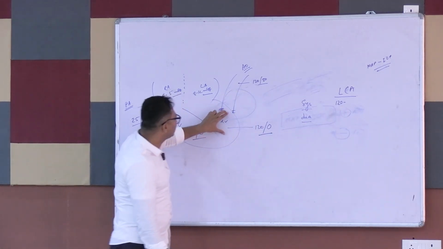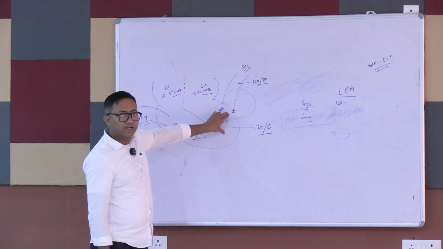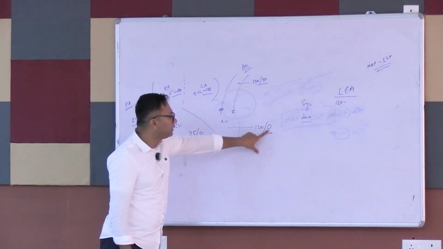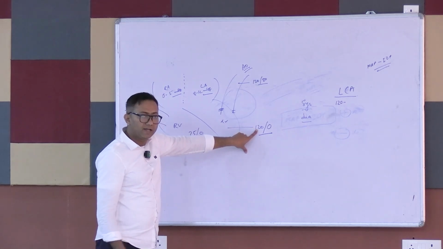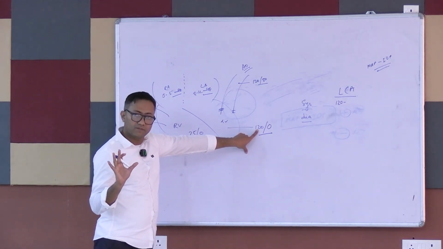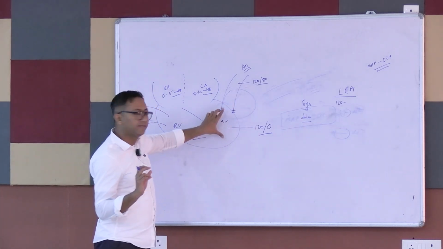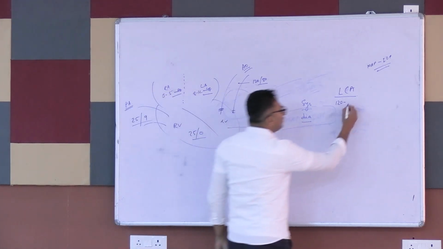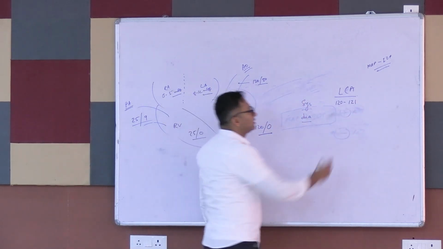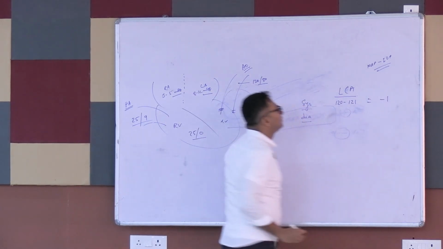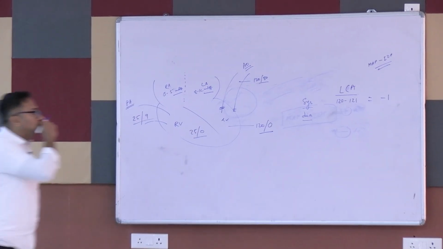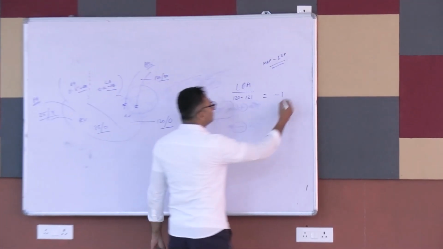But inside the left ventricle the pressure is 120 by 0. During systole it is slightly more than aortic pressure, we can consider it 121. So, it is coming as minus 1 millimeter of mercury.